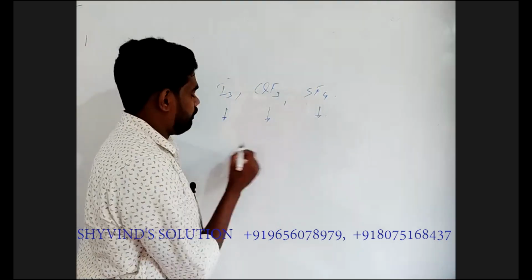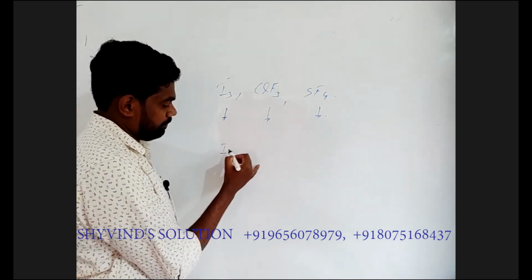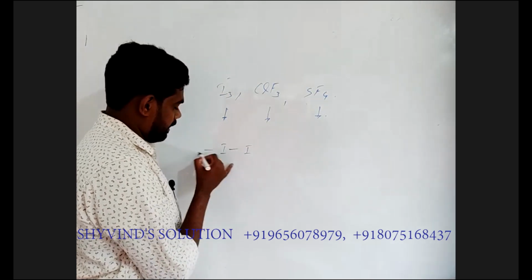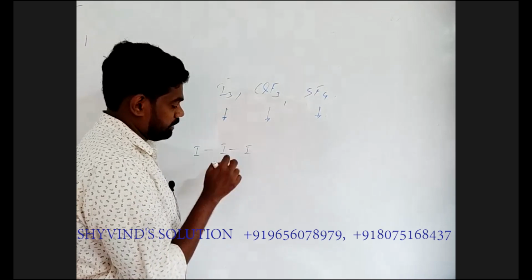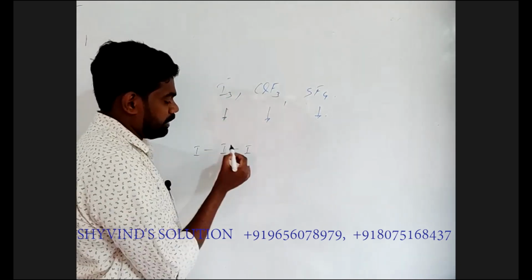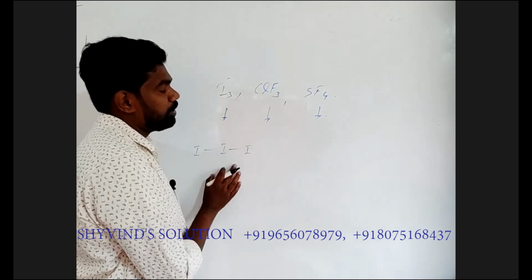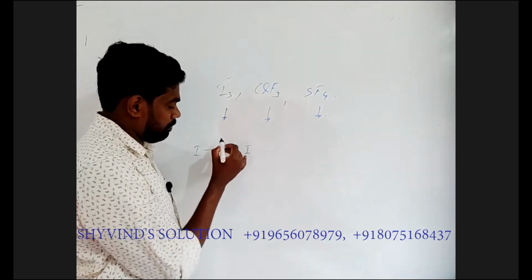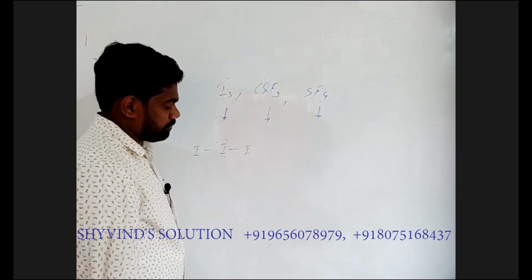If we look at the Lewis structure of I3 minus, the central iodine has 7 electrons in the outermost orbital and 1 minus charge. 2 electrons are used for the formation of these 2 sigma bonds, so 6 electrons remain. So this will be the structure of this molecule.